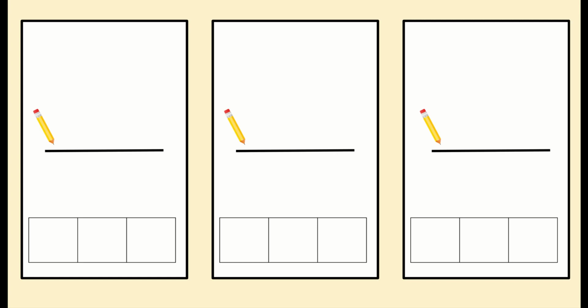And the last word that we're going to spell today is the word rat. Listen for the sounds in rat. Now write the letters that make those sounds.